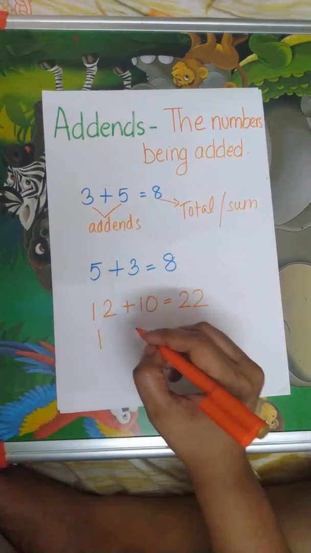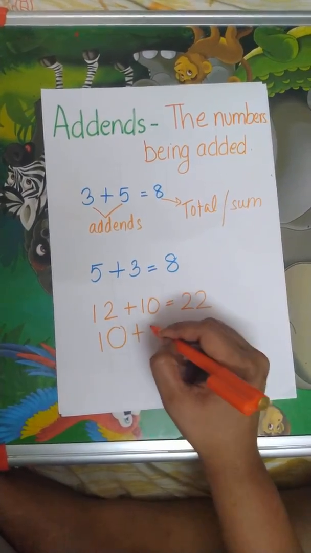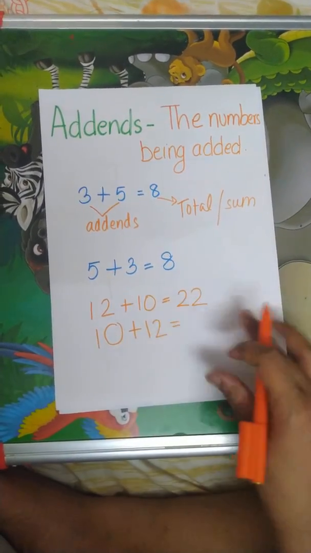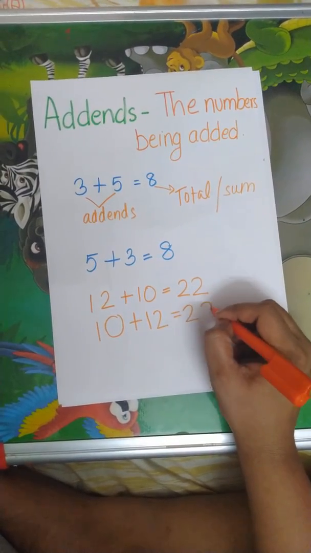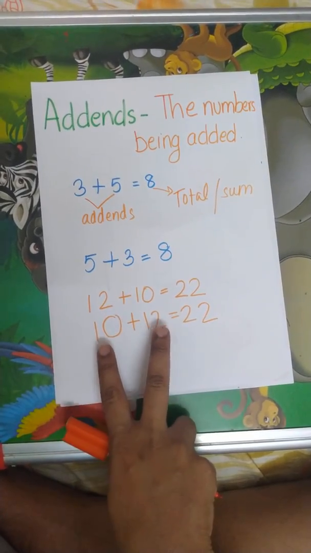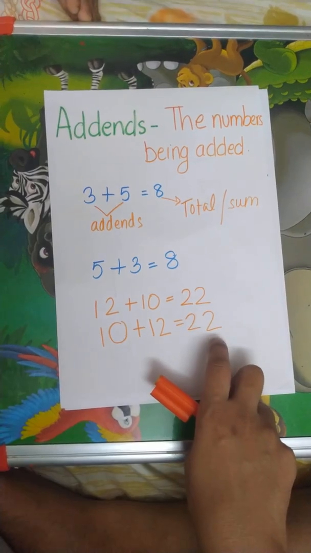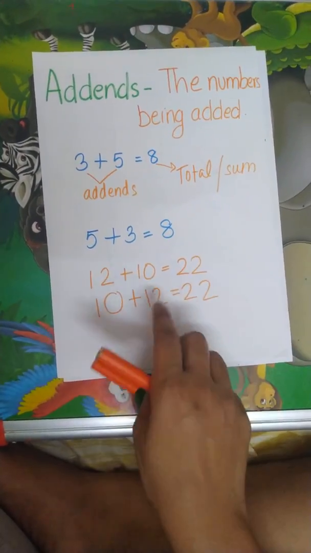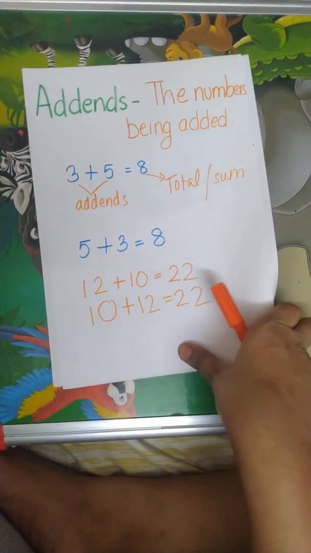So now I'll change the order. I'll make 10 my first addend and then 12. What is the sum again? It's the same, 22. So are you getting my point? Whatever the order of the addends, the total remains the same. Of course, the addends should be the same numbers, then only your sum will be the same, right?